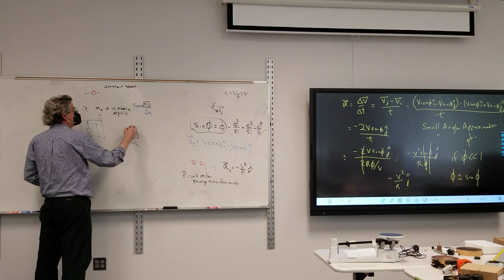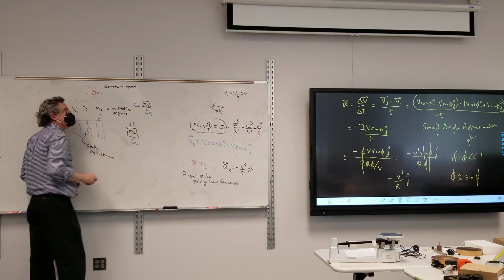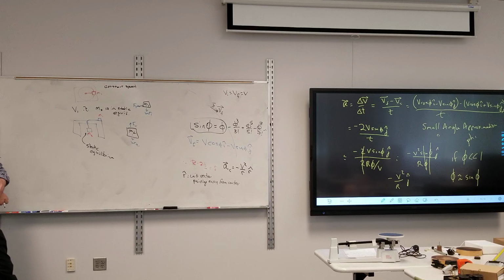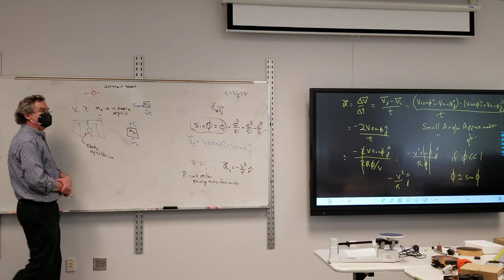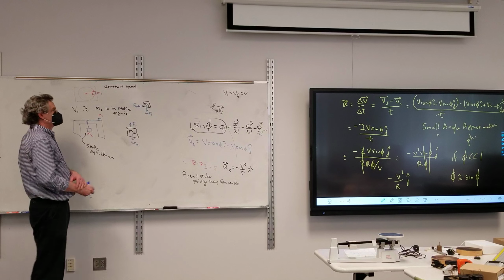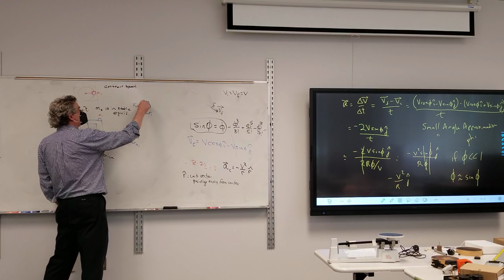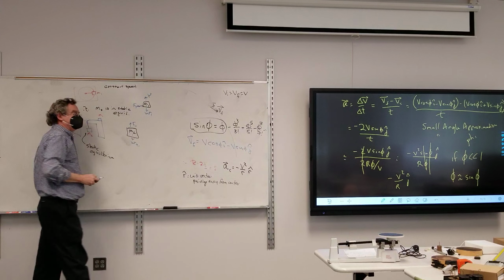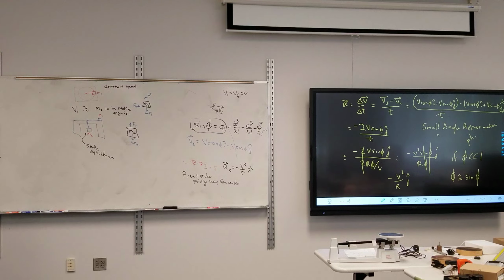Tension, acting this way, and tension acting this way. The normal force on M1, because something's holding it up. There's a normal force on the string too, but I really don't care about the string at the moment from a physics point of view.